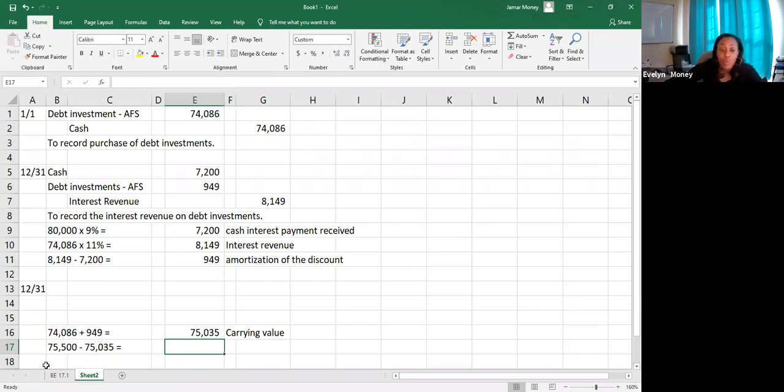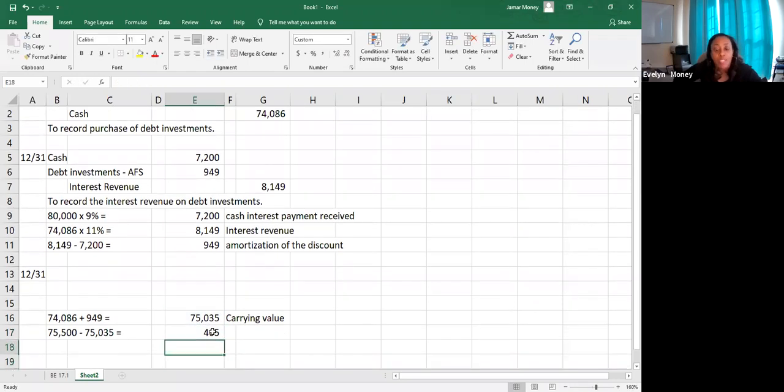So I do have an unrealized holding gain in this one. So now I'm going to take the difference between 75,500 and my old carrying value here. And 465 is my magic number. Now remember that the fair value adjustment account, it does have a normal credit balance. And right now on the balance sheet, I'm showing a balance of 75,035.